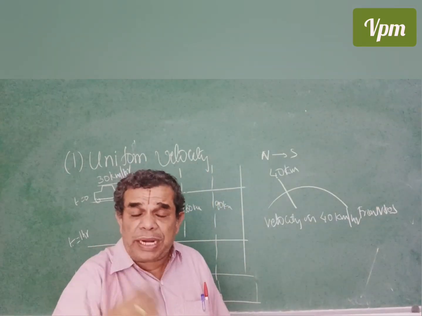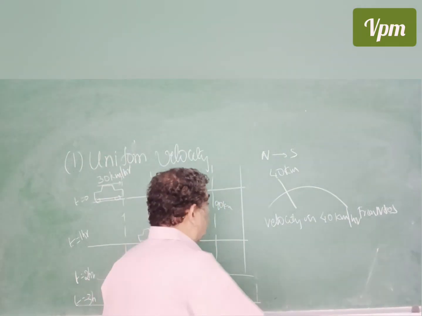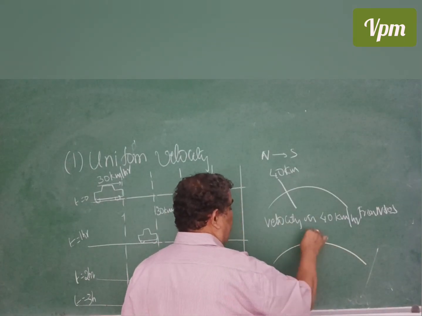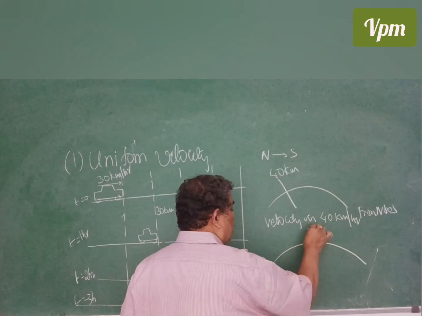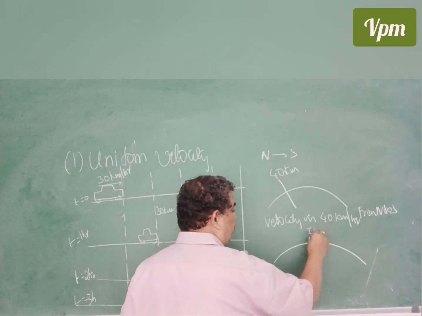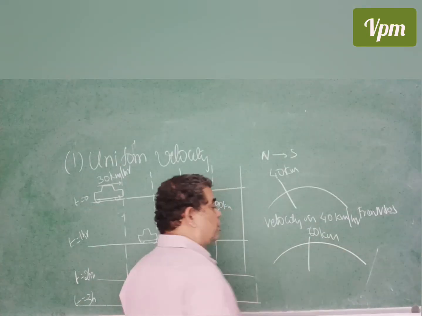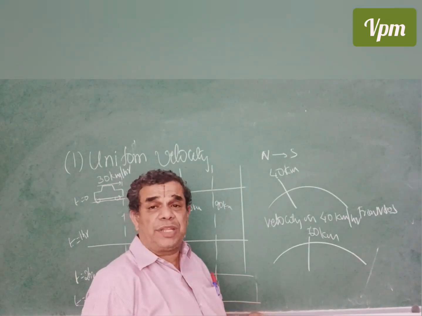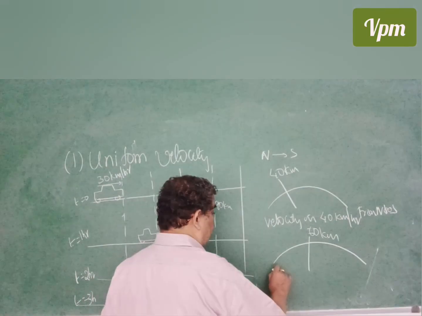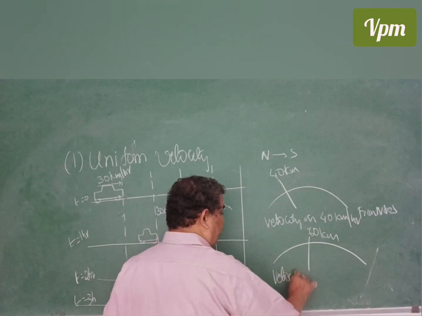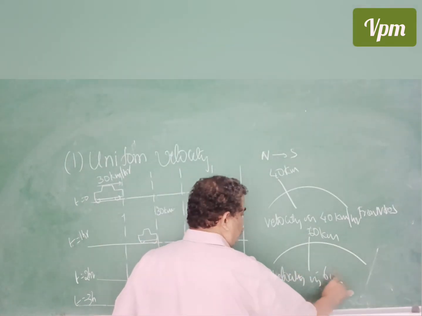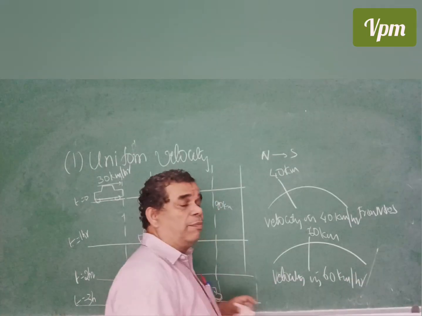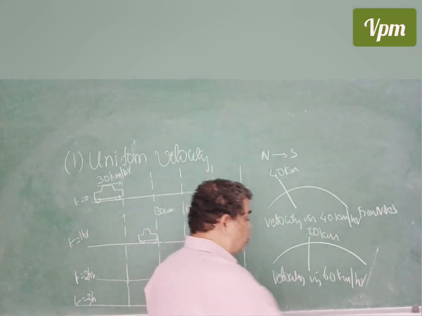In the next moment, the driver may accelerate the vehicle, and a few minutes later the speedometer may show 60 kilometers per hour, with the compass showing the same direction. Then your velocity at that moment is 60 kilometers per hour from north to south.